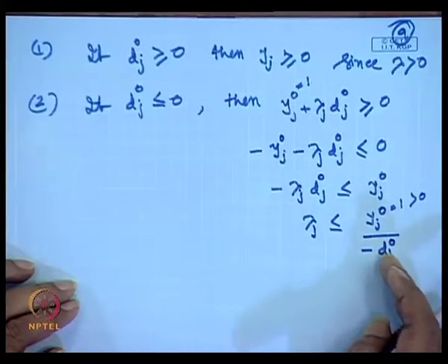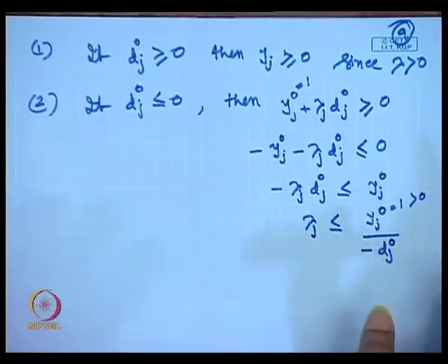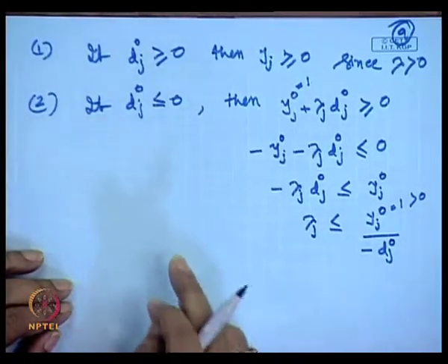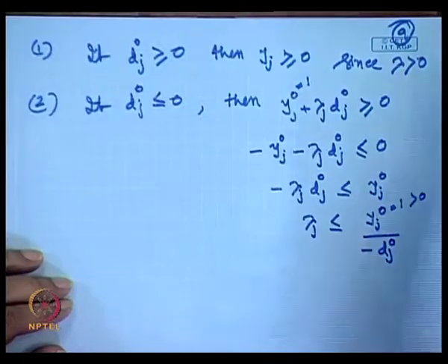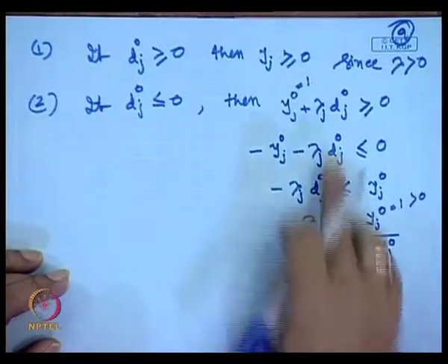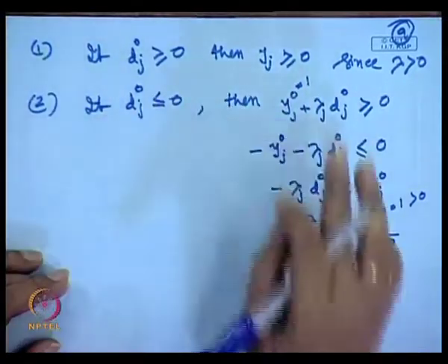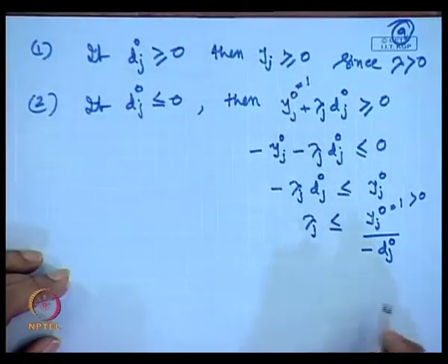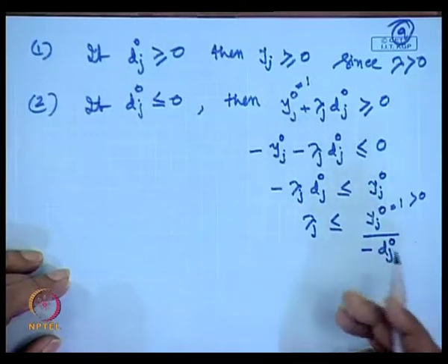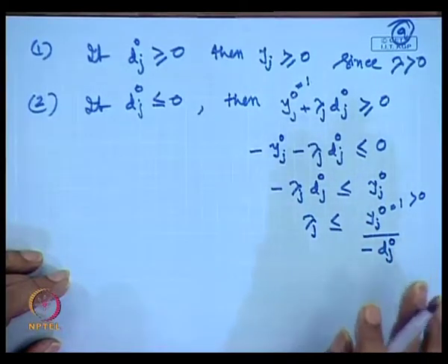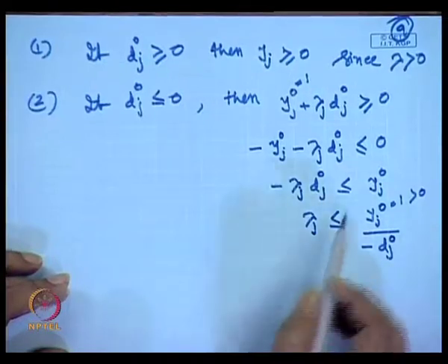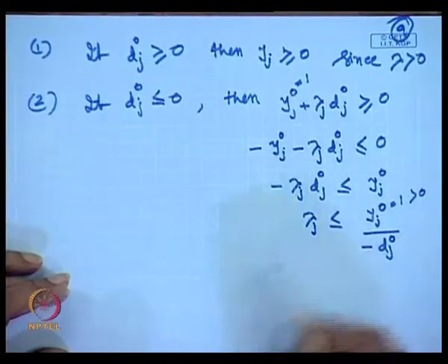When any one of the components of dj is positive, we ignore it, we do not need it, because the sum of this will always be positive. If dj is 0 or positive, then this will always be 0. So, when dj is a positive quantity, we do not consider it, we ignore this. If it is negative, then see this one.